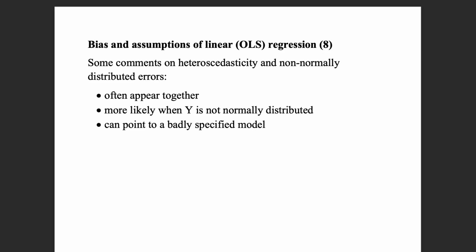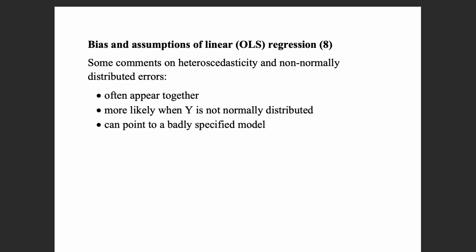And one of the reasons it's useful to check for issues with heteroscedasticity and not normally distributed errors, even in a situation where maybe you have a super large data set and aren't terribly worried about it, is because if you see indications that there are issues with heteroscedasticity and not normally distributed errors, then that can point to an issue with the way you specified your model.